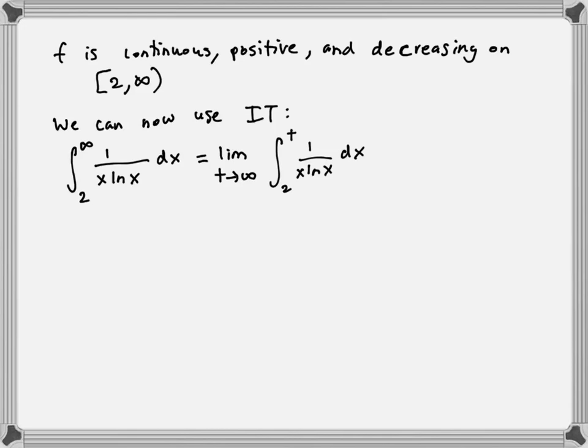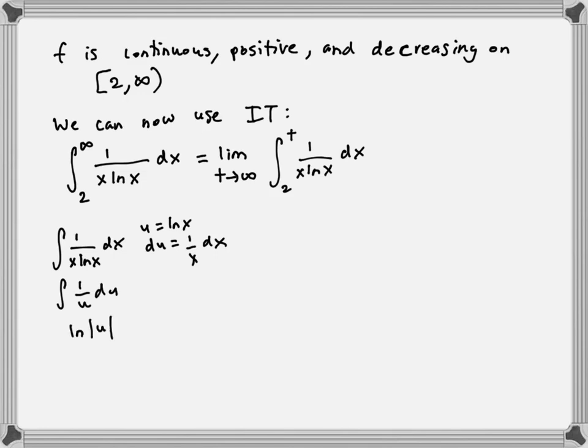What is this equal to? Let's do this integral separately, just so we can find our answer and then plug it in. I'm going to let u equal ln of x, and that means that du is 1 over x dx. And so this integral becomes 1 over u, which is ln of u, which is ln of x.